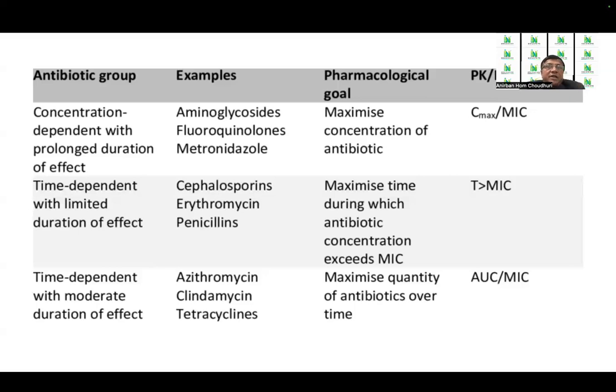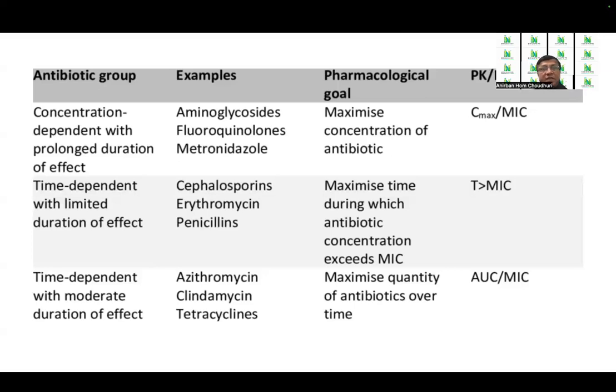So for drugs which have concentration dependent killing, their action is primarily dependent on how much higher than the MIC level they can reach. In that case, the PD parameter becomes Cmax over MIC. Cmax is the maximum concentration, MIC is the minimum inhibitory concentration. So Cmax divided by MIC is the determining factor for their pharmacodynamic effect.